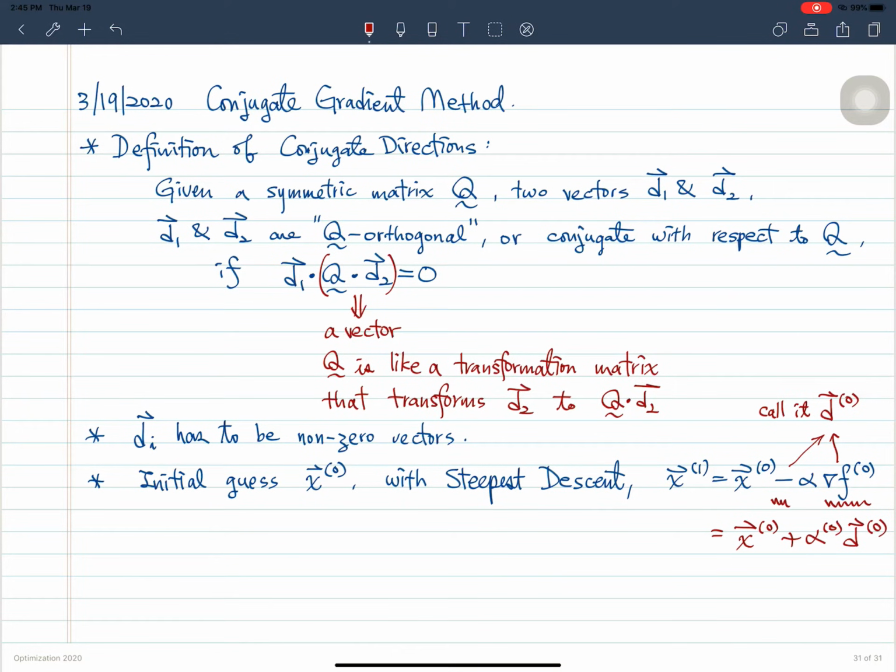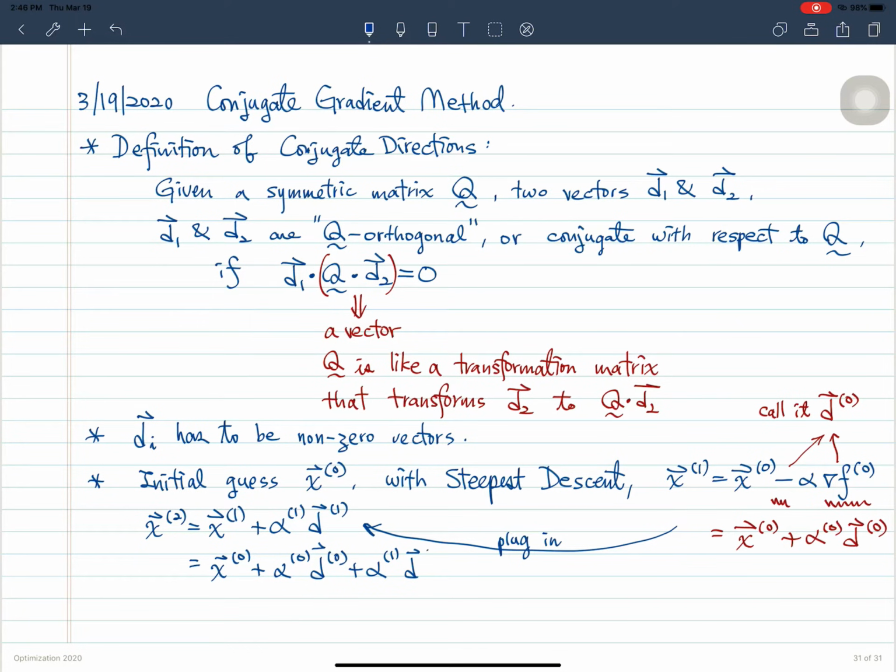And based on the same thing, I will have X2 equals X1 plus some other alpha times D1, right? If I plug in, with more and more iterations, X2 is actually X0 plus alpha 0 D0 plus alpha 1 D1, right?